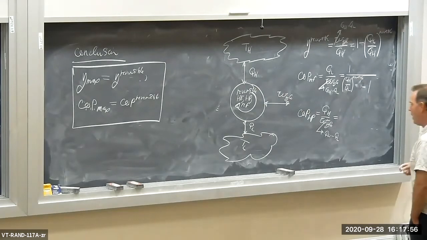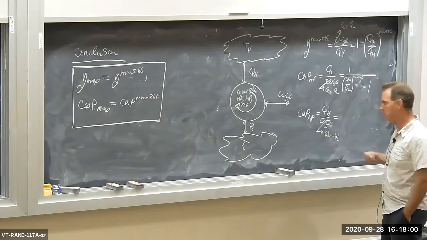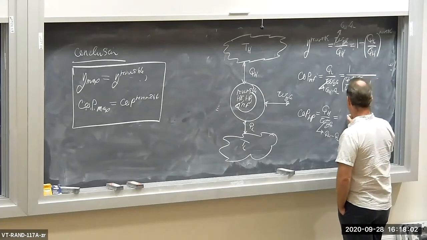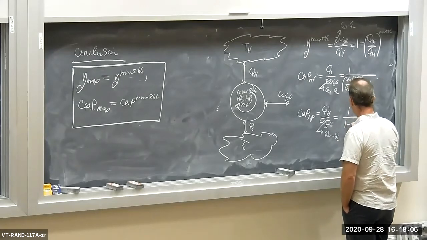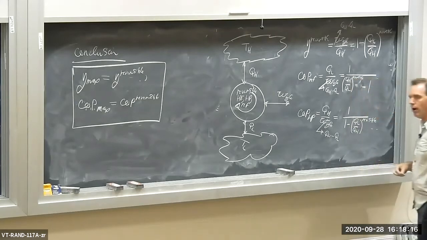Delta E over the cycle is 0. You get work is equal to Q high minus QL. Okay? And that gives us 1 over 1 minus QL over Q high for the reversible device or process. Okay?